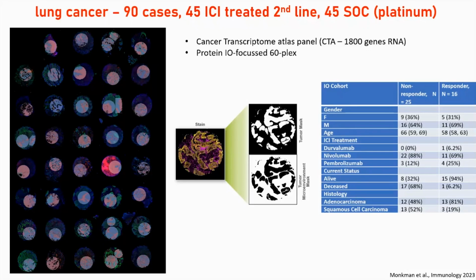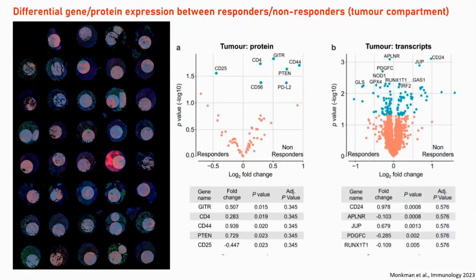Some of the IO cohort details are on the right there. This is now looking at the enrichment of the proteins and the genes, the mRNA transcripts, between the responders on the left and the non-responders on the right. Those mRNA targets and protein markers that are significantly differentially expressed between response and non-response are in the blue.